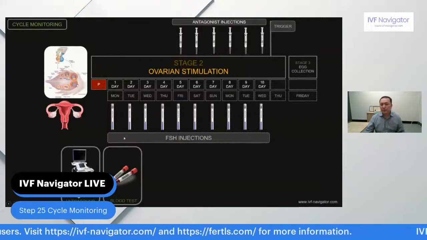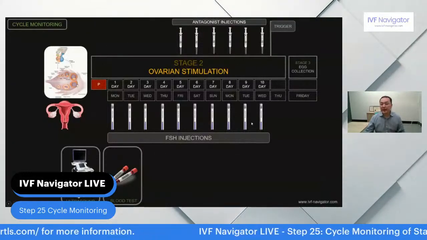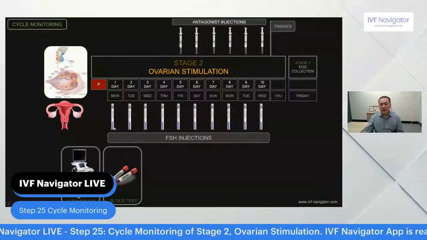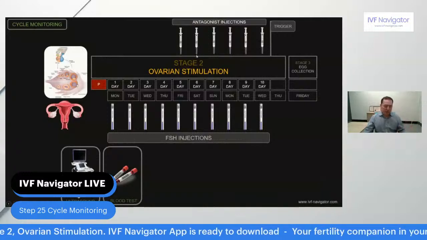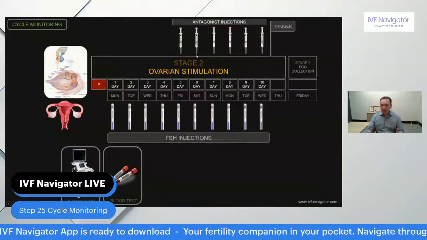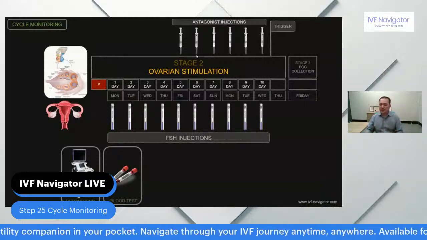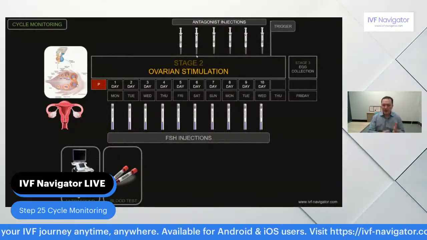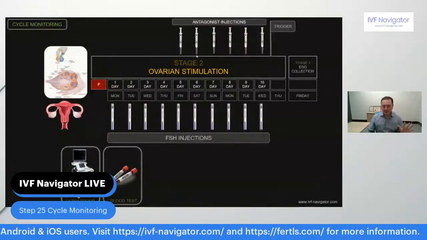So we need to carefully monitor the stimulation of your ovaries, which we call cycle monitoring. Let us say FSH starts on day 2, then you start the antagonist on day 5, you're having daily injections, and at a certain point we start monitoring your cycle by doing ultrasound scans and blood tests. So the question is, what's the purpose of those monitoring ultrasound scans and blood tests? There are 5 reasons for that.